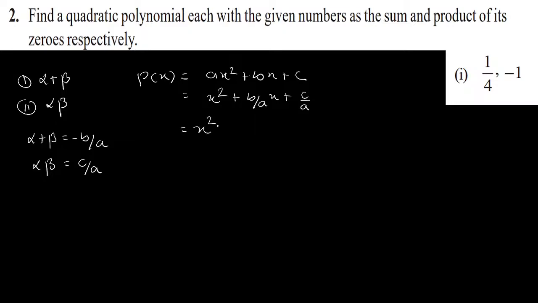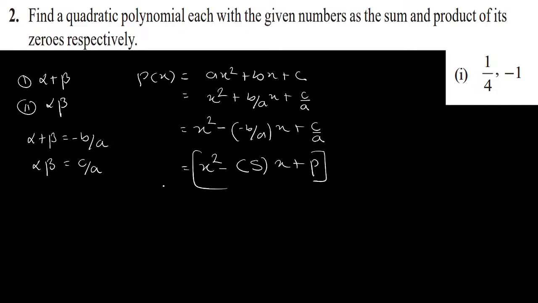Now this can be written as x square minus (minus b by a) x plus c by a. So can I write this as x square minus sum of roots x plus product of roots? And obviously it will be multiplied by k, where k is any real number, to get the particular quadratic polynomial. So we'll apply this result to solve this question.